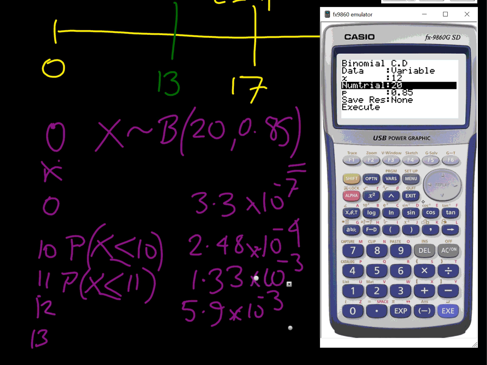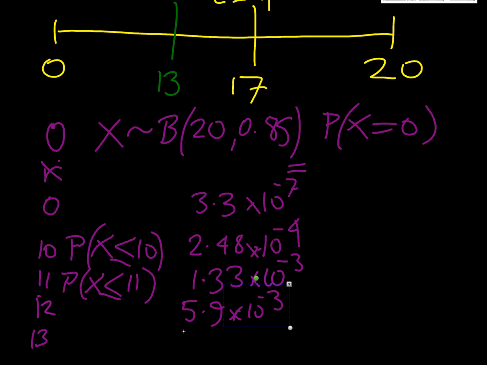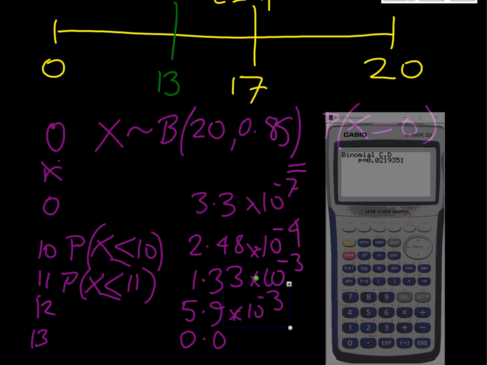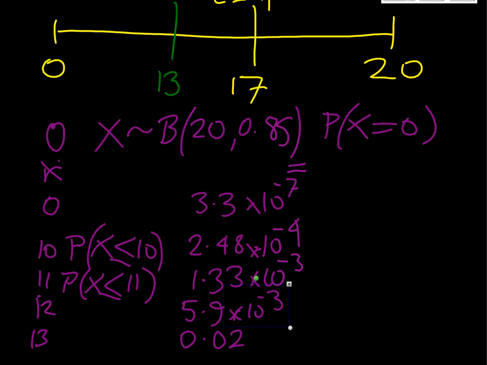Test statistics. So if we do that, we should know where we are in the world. 13. Oh, so here we've got 0.0. Let's write it in ordinary form. 22. Are we okay with that?